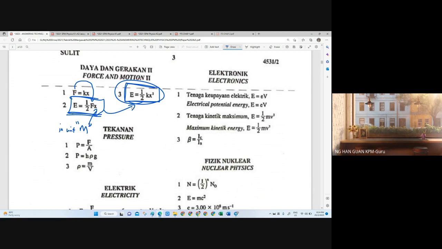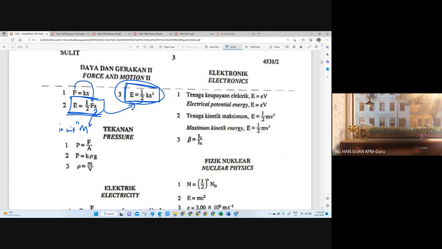All right, so please be careful, especially when you substitute the spring constant k. Usually we will give you the spring constant in units of Newton per centimeter, because in our applications the extension is only up to a few centimeters.